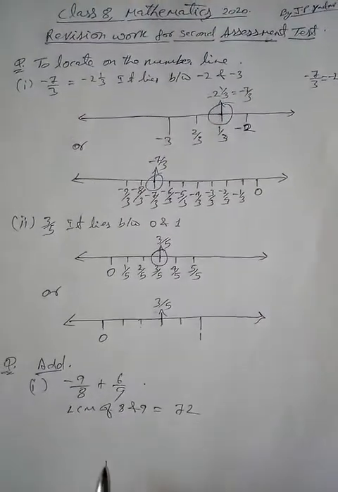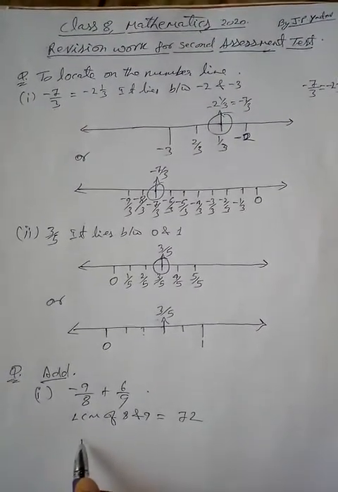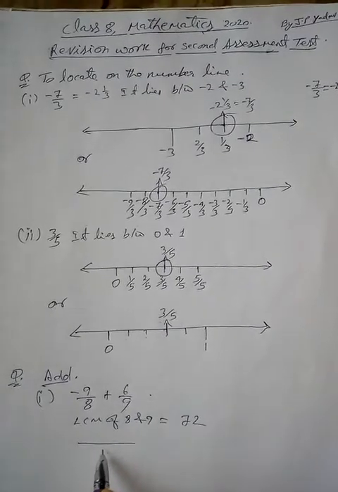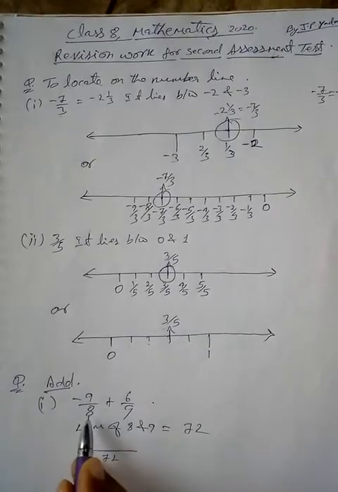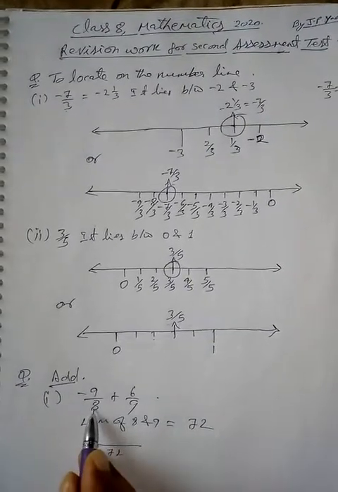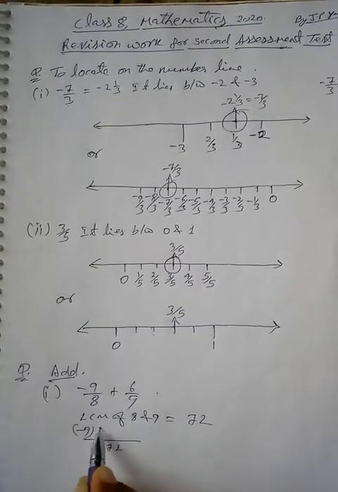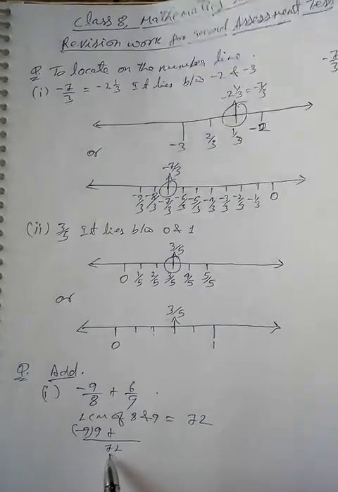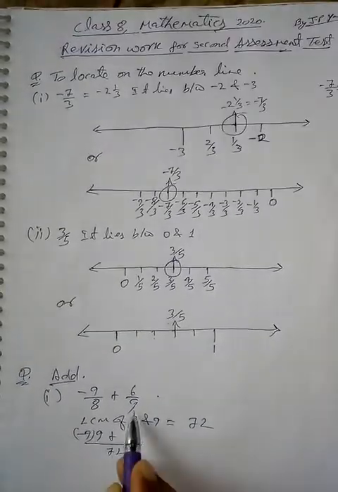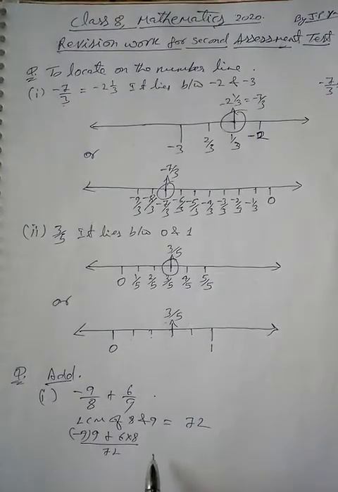Now, divide the LCM 72 by the denominator 8. It will be 8 nines are 72. So minus 9 will be multiplied by 9, plus. Divide 72 by 9, this denominator, it will be 8 times. So 6 into 8.